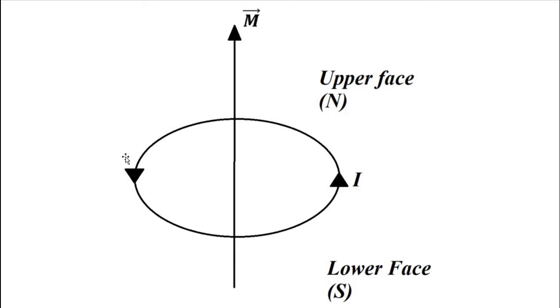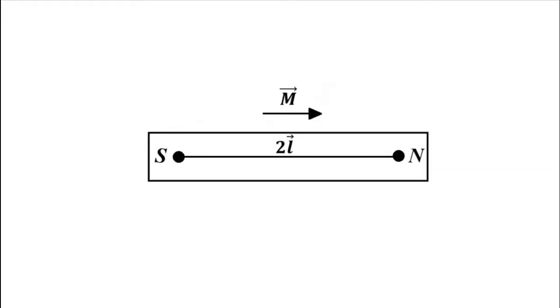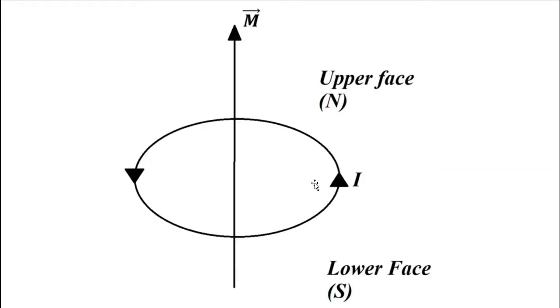So how can this plain loop of wire behave as a magnetic dipole? Okay, so here we have this plain loop of wire carrying current. Now if someone tries to view it from the top, they will see that the current is flowing in anti-clockwise direction.